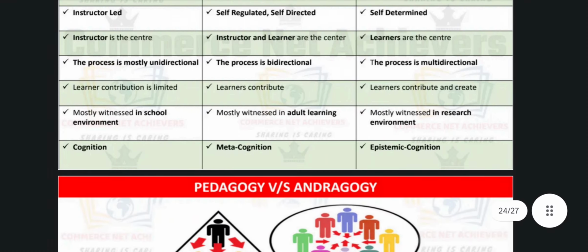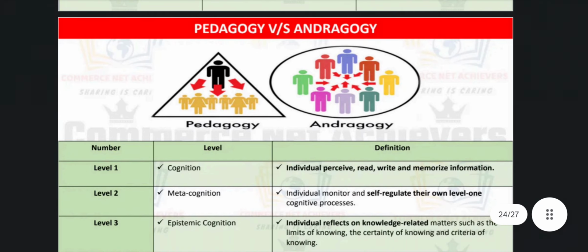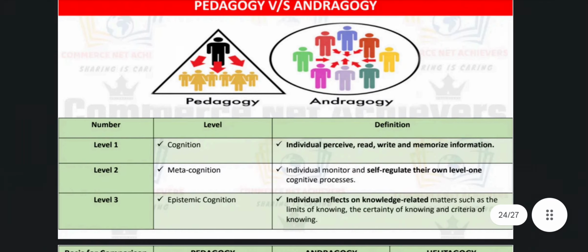Now let's go to the levels. We discuss level and definition. Level 1 is cognition. Its definition is that individuals perceive, read, write, and memorize information.